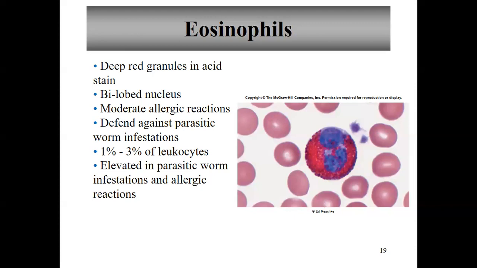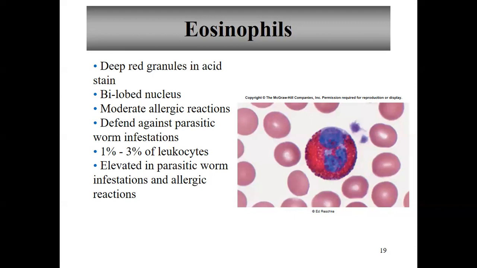So if, as a clinician, you are looking at the person's CBC or the CBC with DIF, and you notice that the eosinophils are increased, then you know that that person's problem, or at least part of it, is that they're having an allergic response at the time, or they're having a parasitic worm infection.